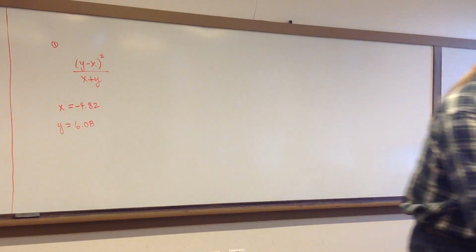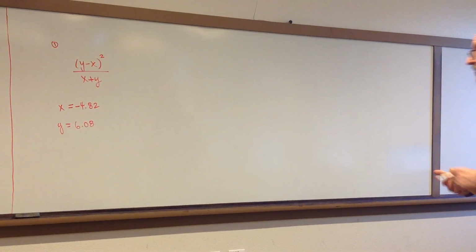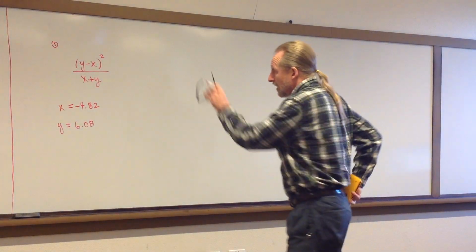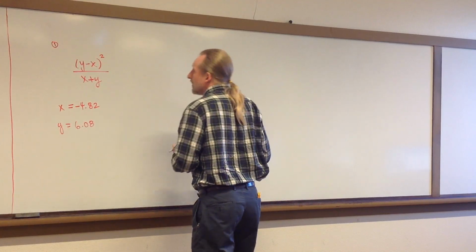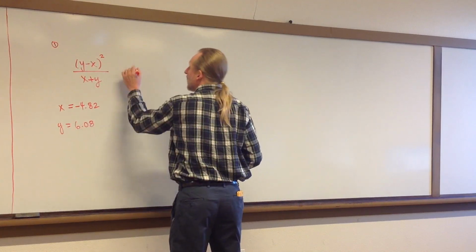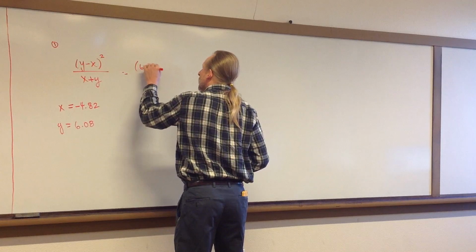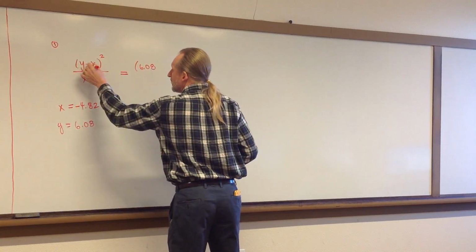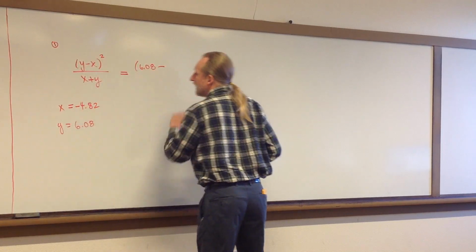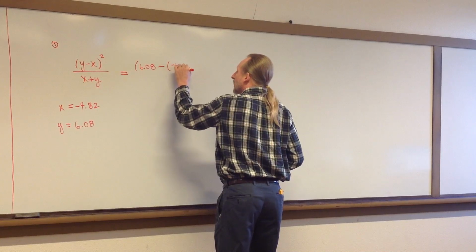Okay, so let's go ahead and plug in our x and y values into the expression here. So let's see here, y is 6.08, and then minus, and then x is negative 4.82.